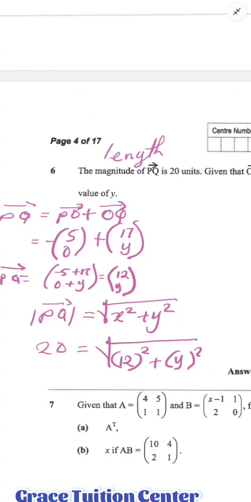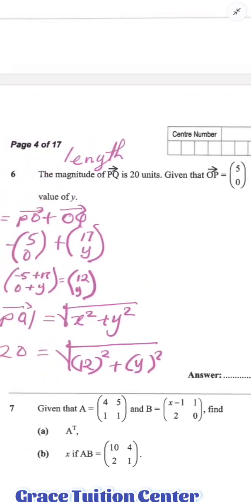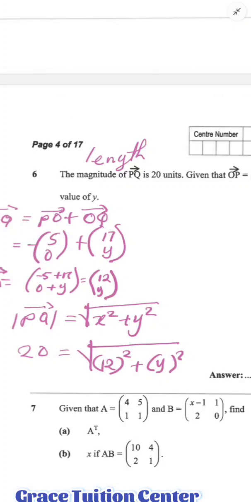With that, we can go ahead and simplify this expression. We need to get rid of this root here so that we can find the value of y. So what I'll do is I'll square this side and square this side.